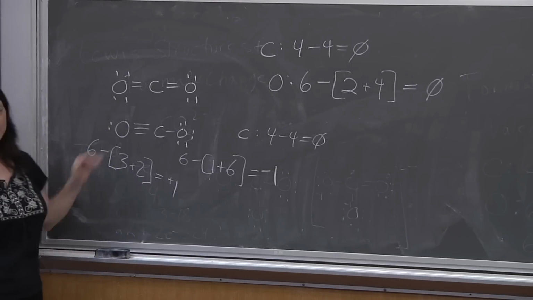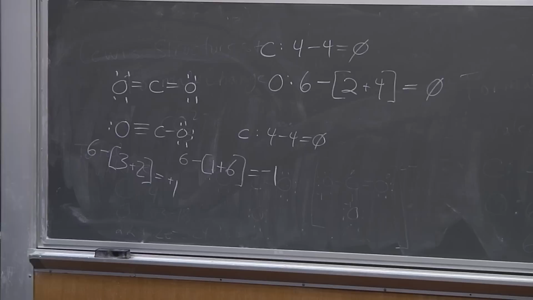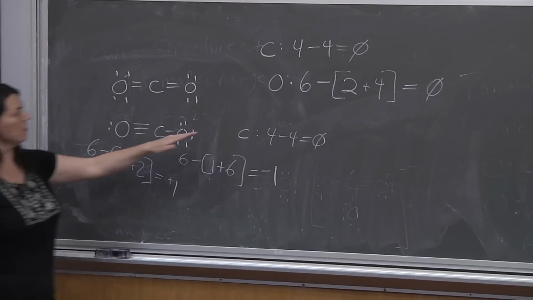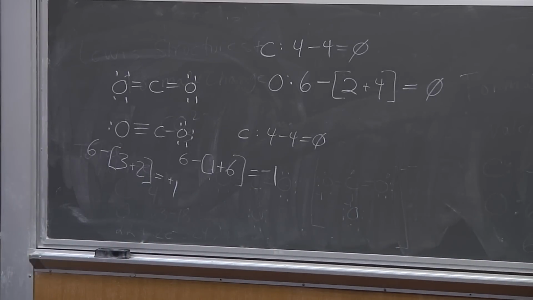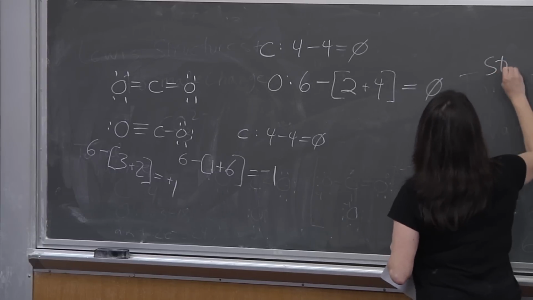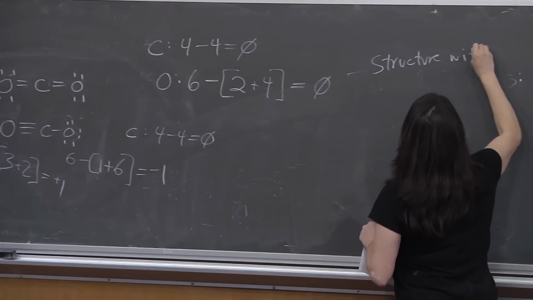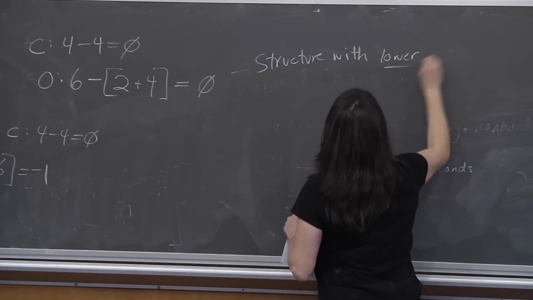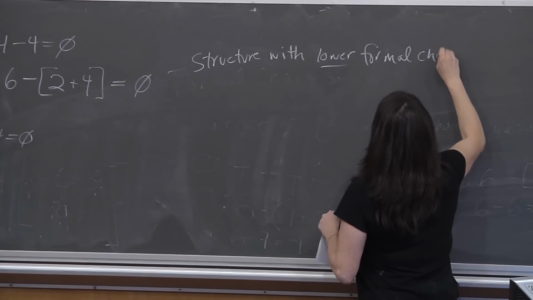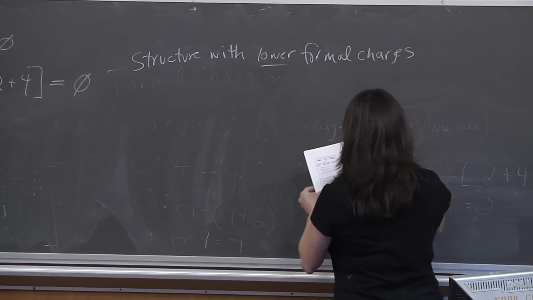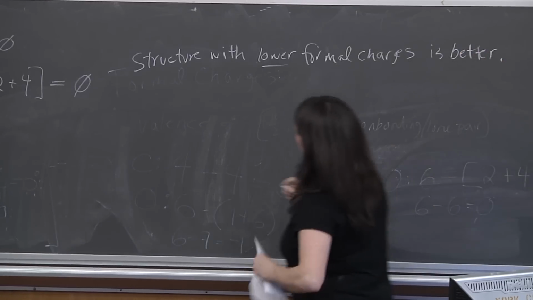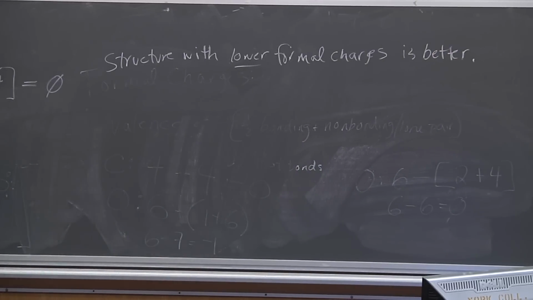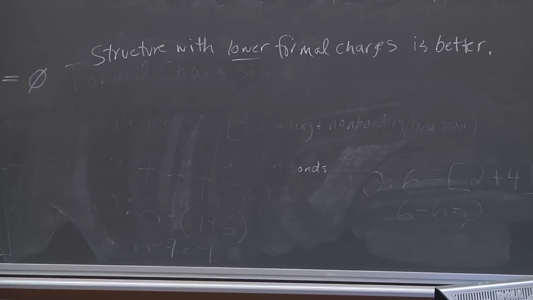Okay, here's what formal charge is used for. If you're looking at two options like this and you want to know which one is better, the Lewis structure with lower values for formal charge is better. So this one is 0, 0, 0. Smaller formal charge, that's a better, more valid Lewis structure. Out of these two, this one is just a better structure.